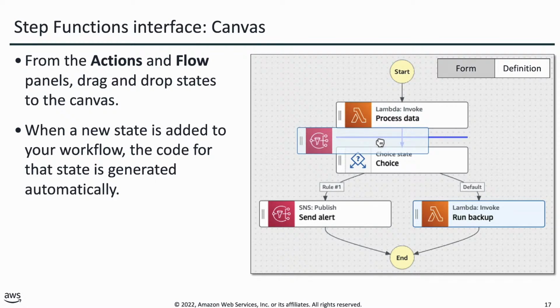So the idea here is that within a workflow, you can drag and drop states to move them to different places in a workflow. And if your workflow is complex, you may not be able to view all of it in the canvas panel, but you can use the controls at the top of the canvas to zoom in or out, and then you can view different parts of a workflow graph, and you can drag that workflow graph into the canvas.